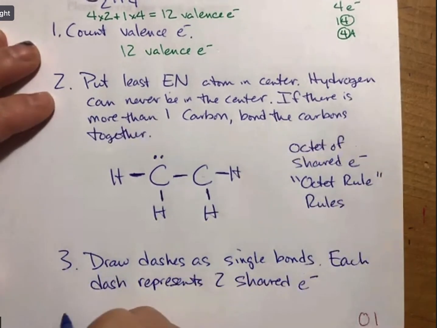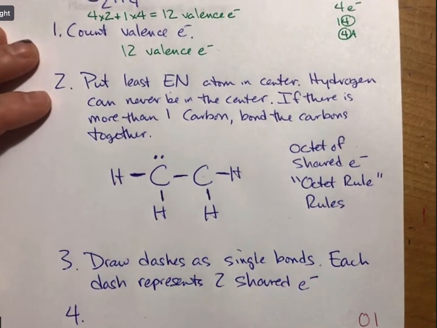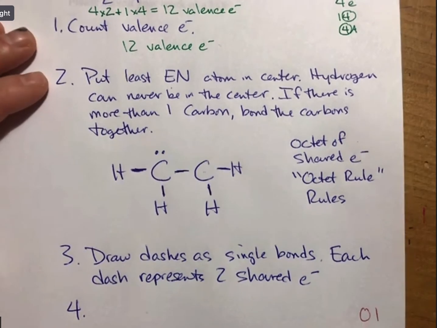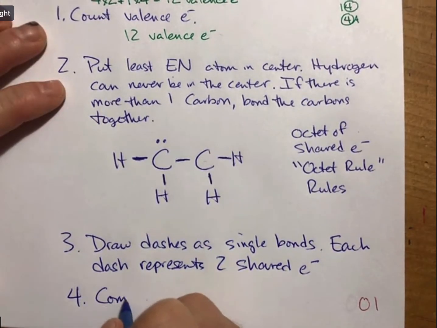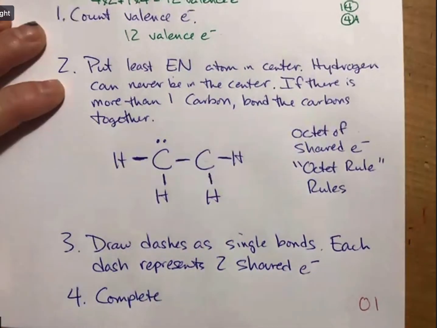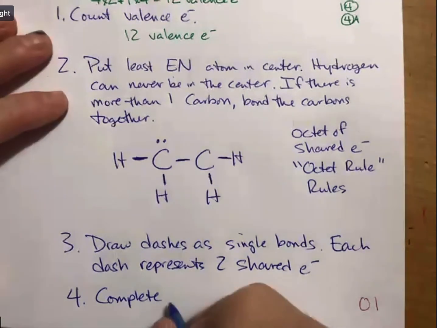I can't remember exactly if this is step 4 or 5, but I think the next thing is to complete octets by forming double and triple bonds.